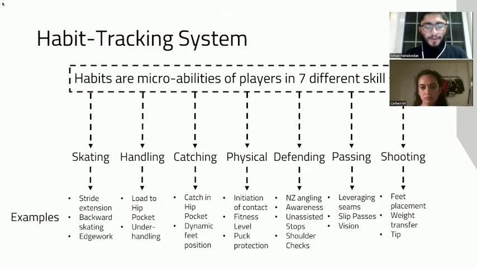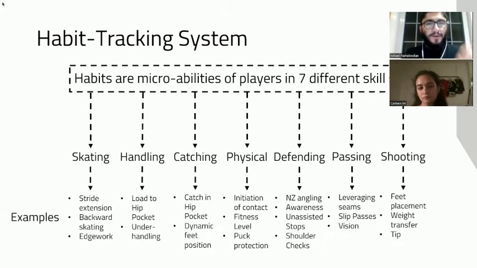Once we had those 7 skill sets, we went our separate ways and this time had to come up with a list of different habits or micro abilities related to each of these 7 skill sets that we had just identified.